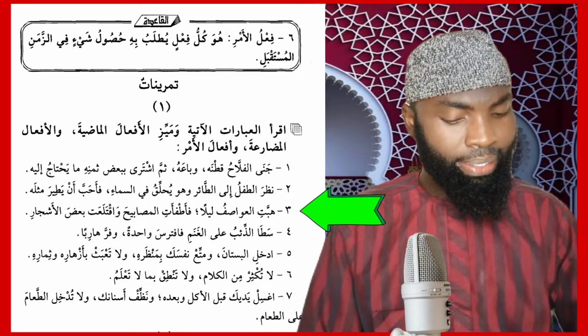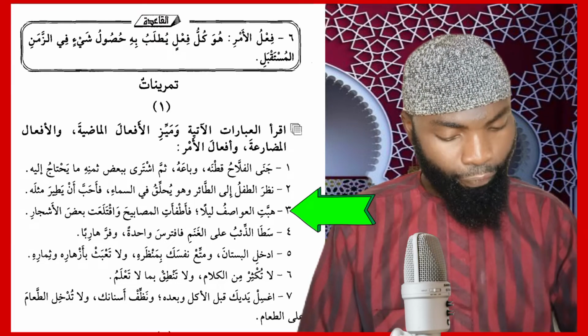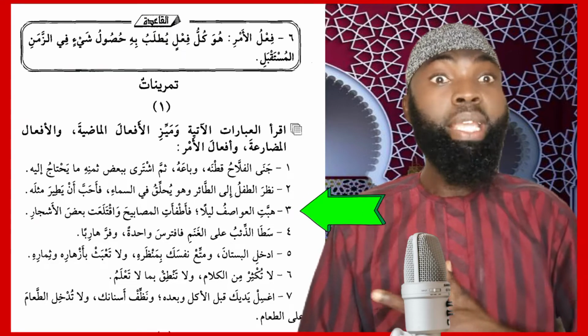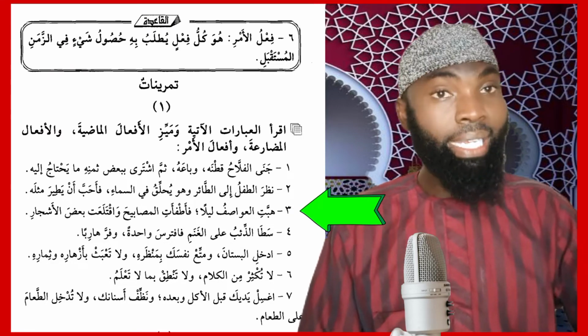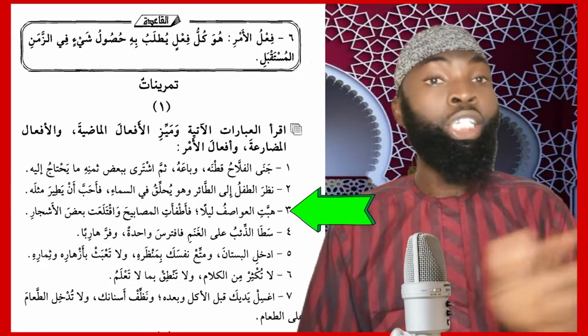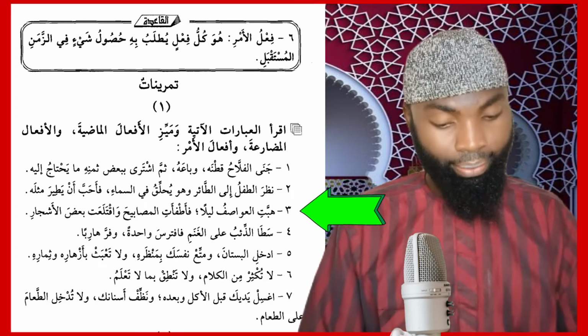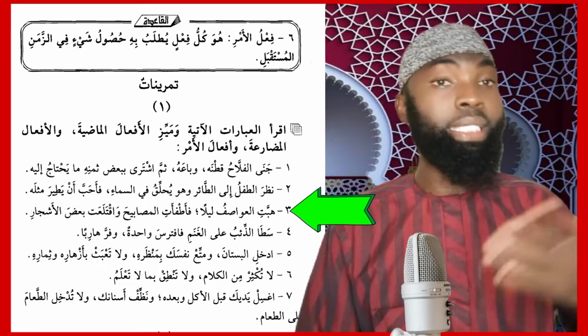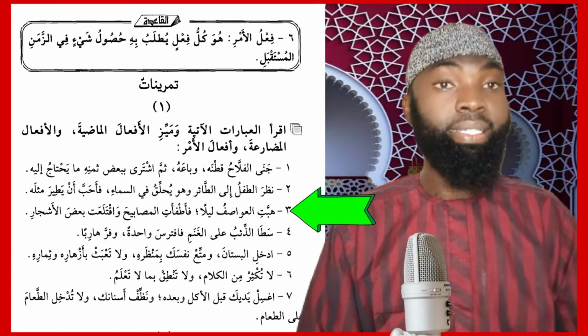The sentence says habbatil awasifu. The wind swept or swelled. The wind blew. Laylan, at night. Fa'atfa'atil masabiha, and it quenched the lamps. Waqatala'at ba'd al-ashjar, and it uprooted some of the trees.